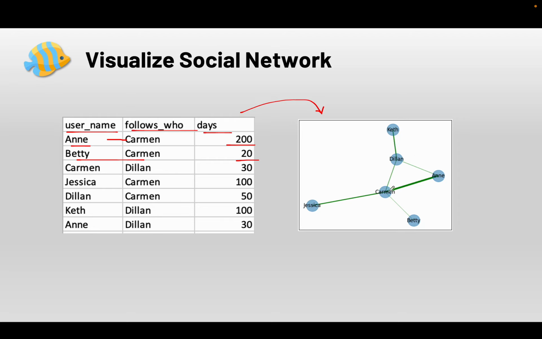We also notice that the edge has a weight, and this weight represents the strength of the friendship, represented as days. Okay, so let's continue. Let's go to Google Colab and practice how to transform this CSV file to the graph structure.